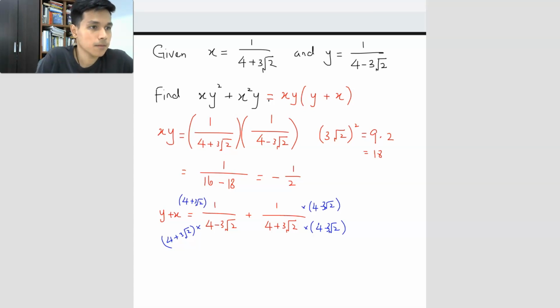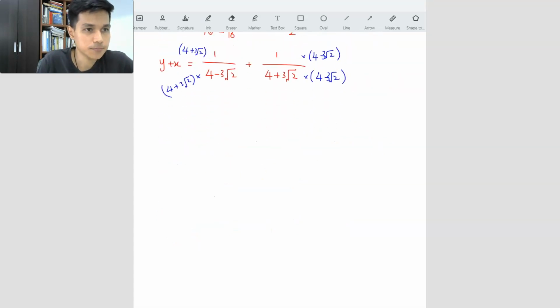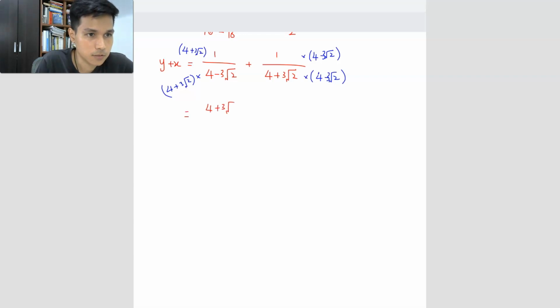Okay, now let me scroll down here. So now we can start solving them. On the left you have 4 plus 3 surd 2, and then plus on the right hand side you have 4 minus 3 surd 2 over, so they are already the same denominator, multiplied with the conjugate.